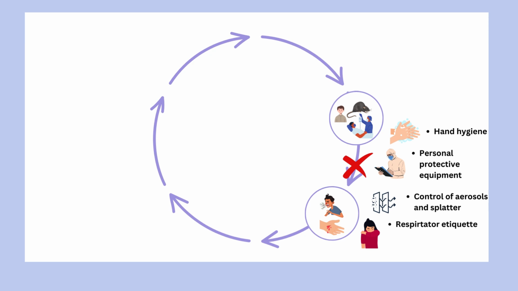Don't forget to perform hand hygiene immediately afterward. Proper waste disposal is also very important. It prevents the accumulation of infectious materials and reduces the risk of exposure to pathogens. For example, sharp objects like needles must be discarded into a sharps box.